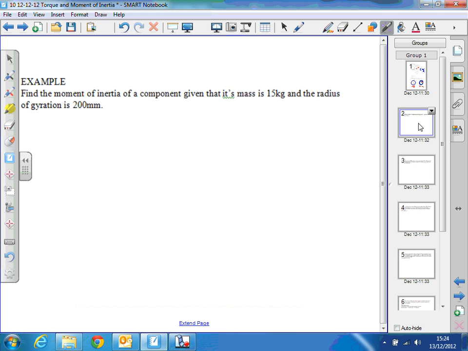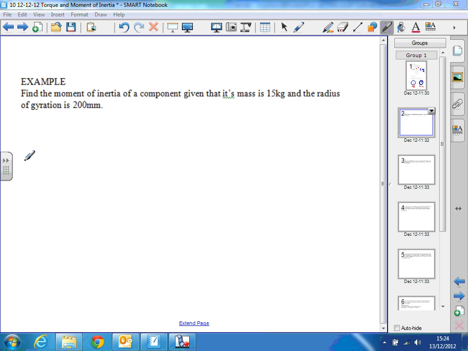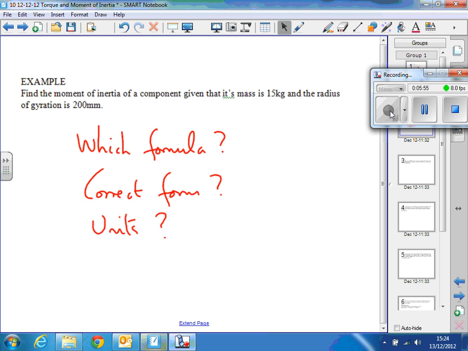The first example to look at is in the book. Find the moment of inertia of a component given that its mass is 15 kilograms and the radius of gyration is 200 millimeters. If I pause this for a sec, have a go, and then we'll look at it together. As with all problems like this, which formula are you going to use in this case? Is it in the right form? Are the units consistent?